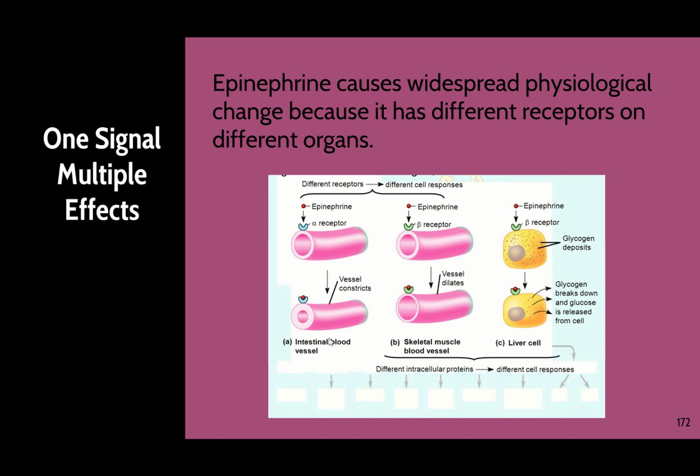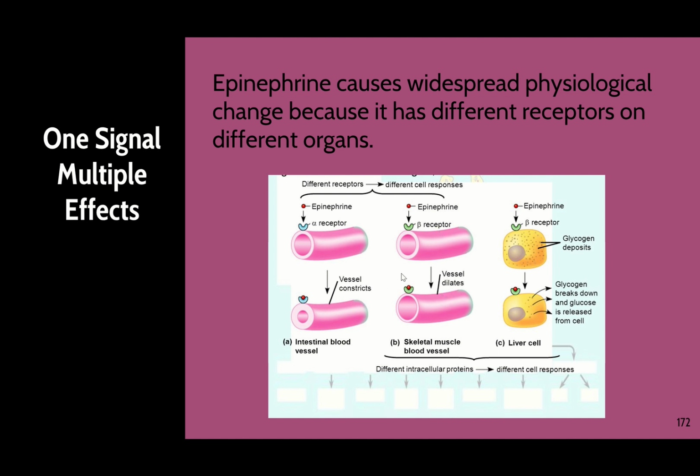Let's look at A real quick, the intestinal blood vessel. When epinephrine is received by an alpha receptor on the intestinal blood vessels, this is going to induce blood vessel constriction, which is amazing because in the exact same kind of blood vessel, just in a skeletal muscle versus an intestinal blood vessel, it induces blood vessel dilation.